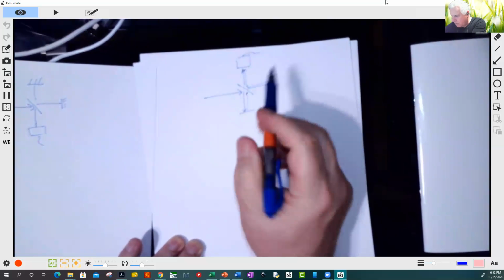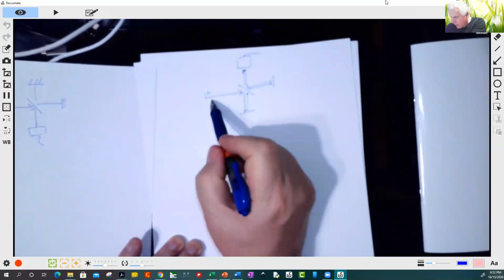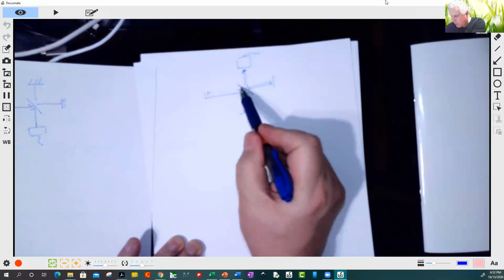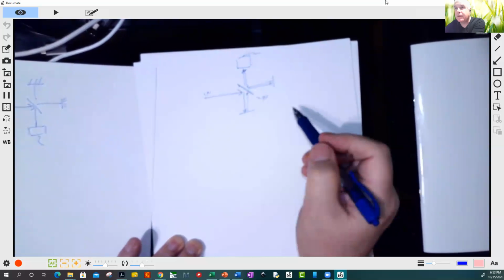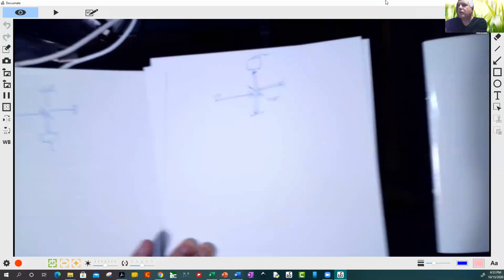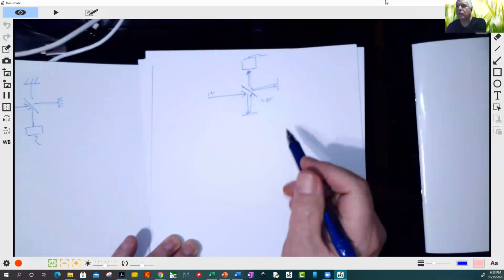You've got light coming in, and then this is a beam splitter here. Oh wait, you guys can't see that. It's all out of focus, sorry. Now it's less out of focus.